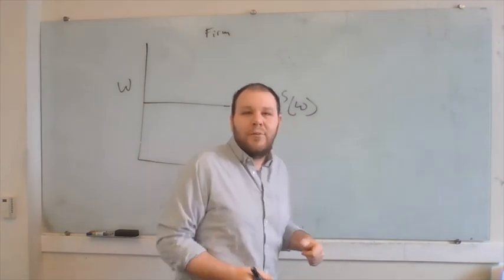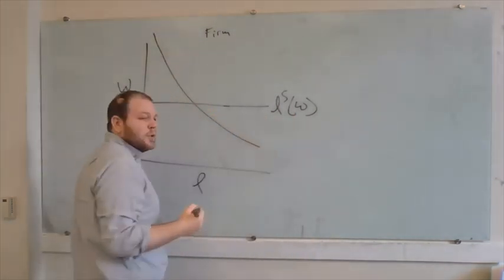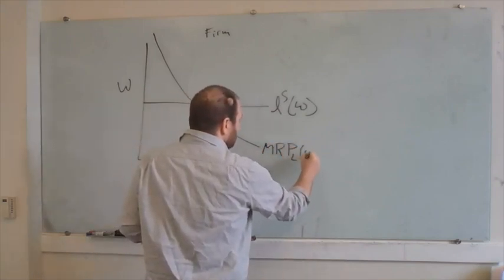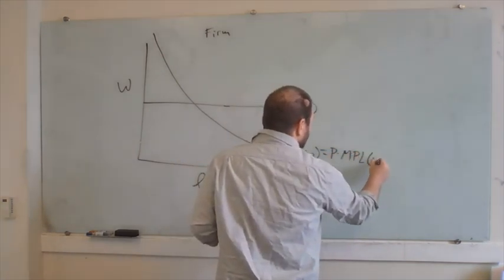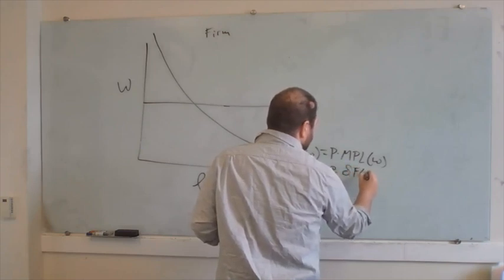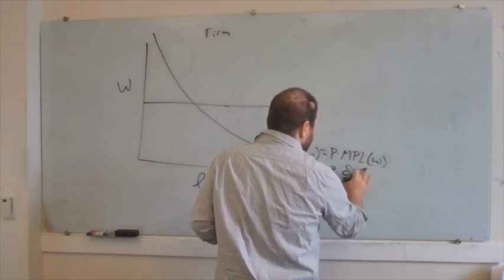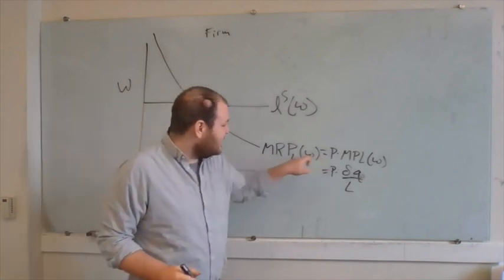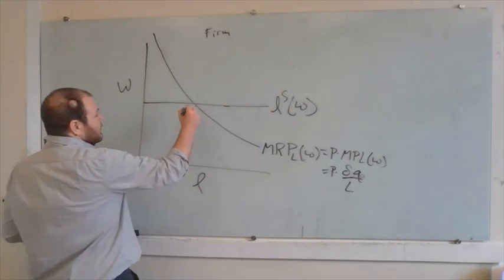So we said if we knew the marginal revenue product of a worker, which equals the price times the marginal product of labor, which is just price times dF/dL, or if you prefer dQ/dL, output per worker, this tells us the dollars of revenue each worker brings.